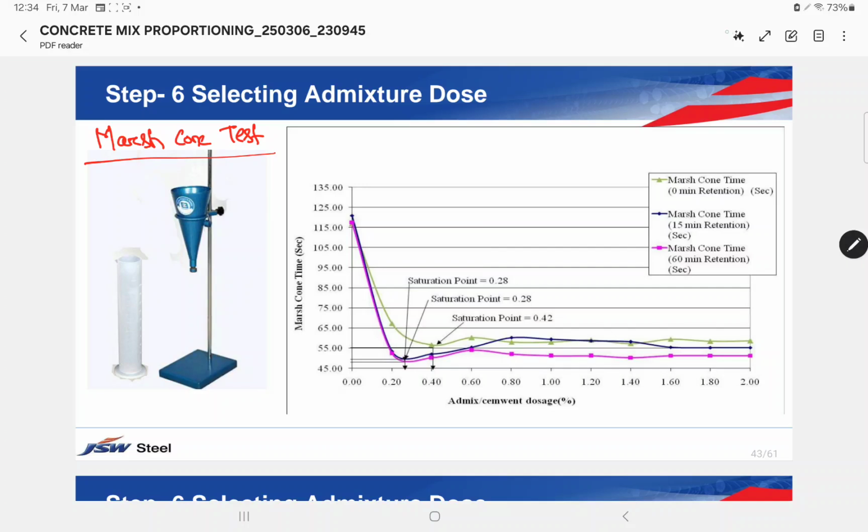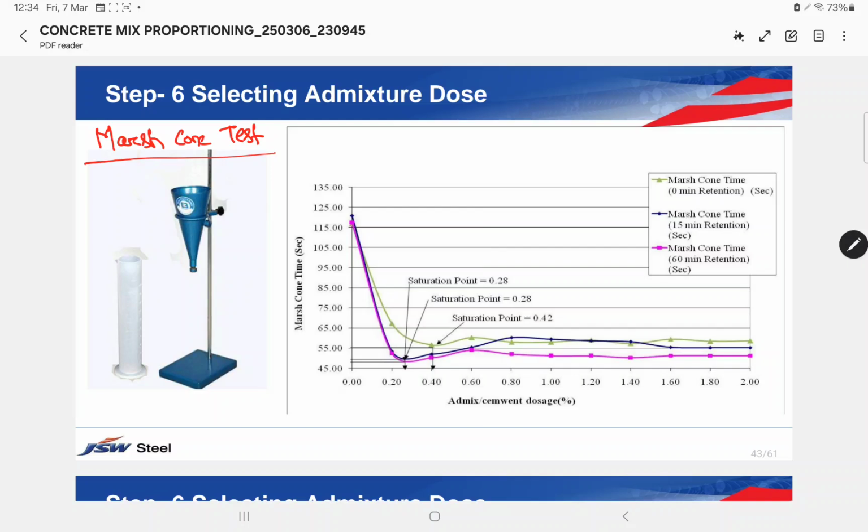In this test, you prepare a cement slurry of nearly 1 liter of volume, and you add a few doses of admixture in it. Let it be 0.2, 0.3, or as per the manufacturer's recommendations.